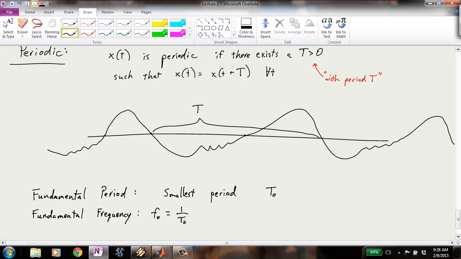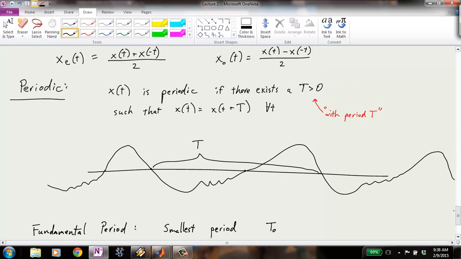Some signals, well, first of all, notice I had to define, when you say periodic, this period had to be strictly positive, right? Because any signal would satisfy this for T equals 0. That's always true for T equals 0. But we're looking for a positive T. Now, it may turn out that the smallest period, mathematically you would say the infimum, if you have too many of these, could be 0.